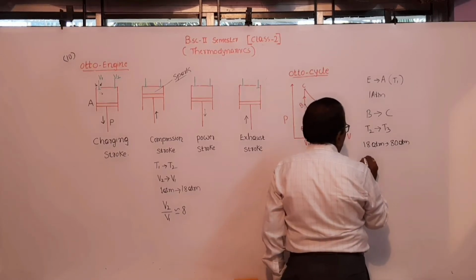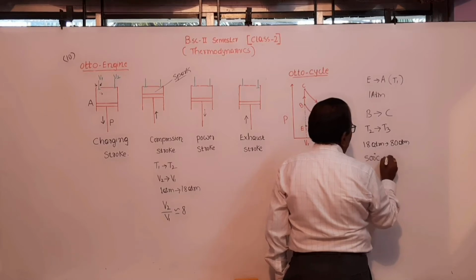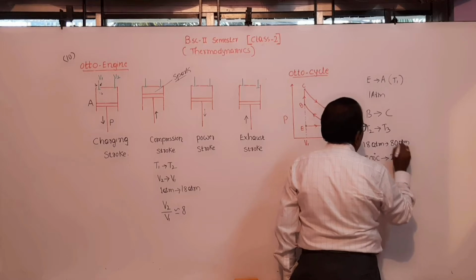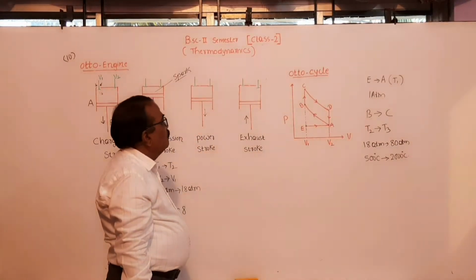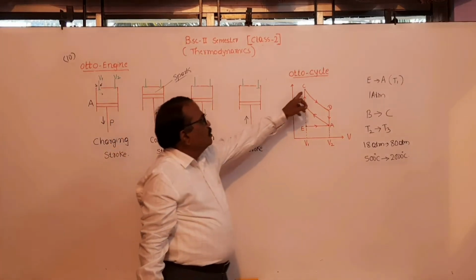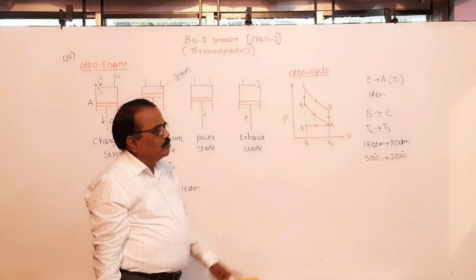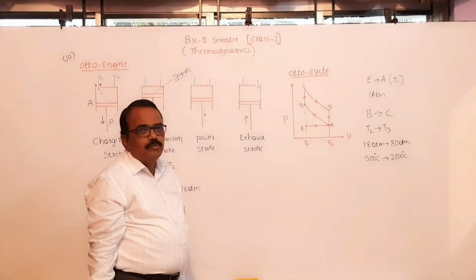The change in temperature is nearly from 500 degrees centigrade to 2000 degrees centigrade. So at point C, the temperature is about 2000 and pressure is about 80 atmospheric.